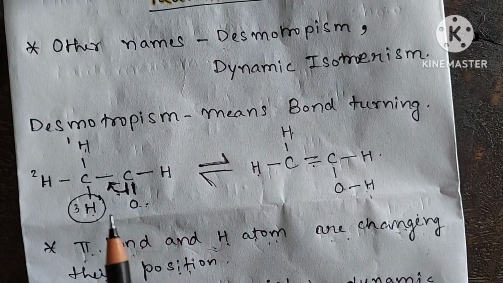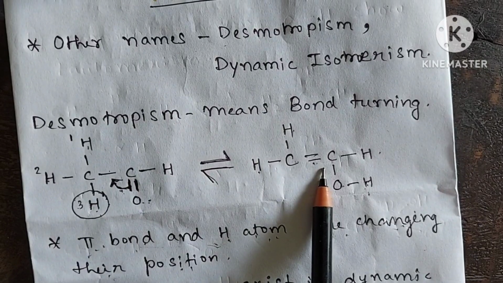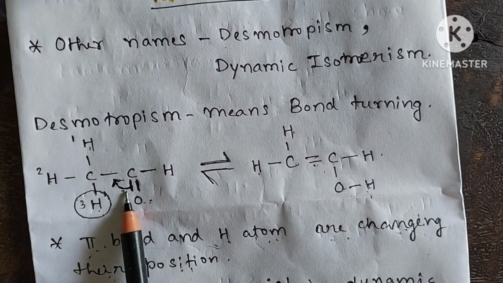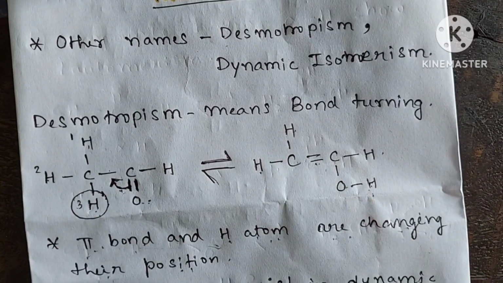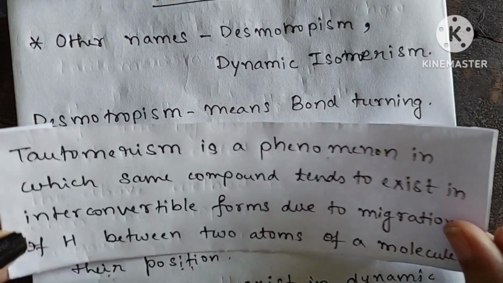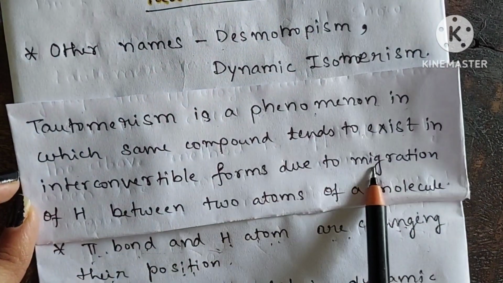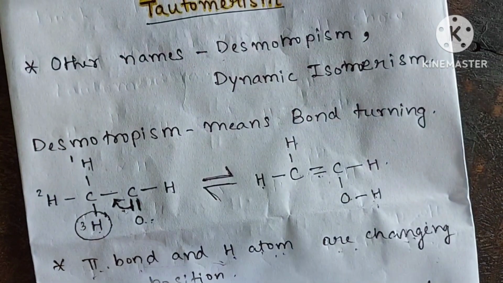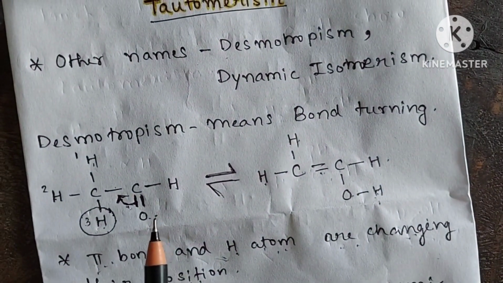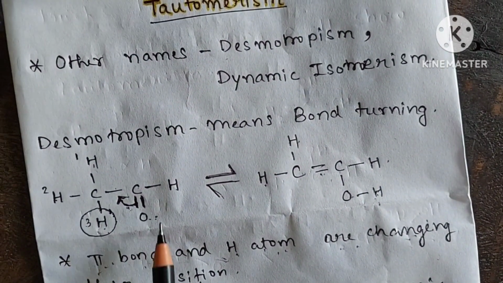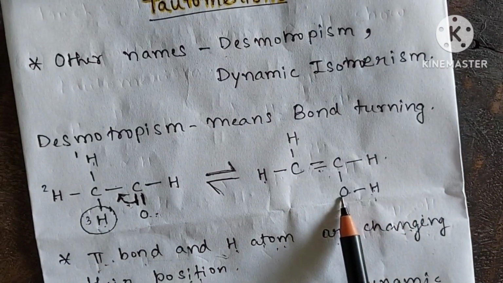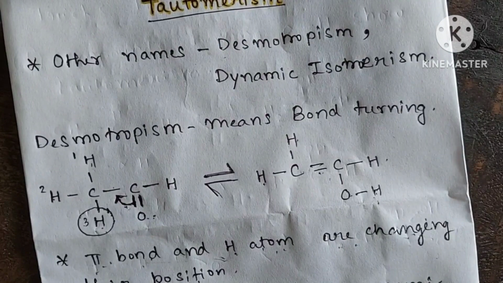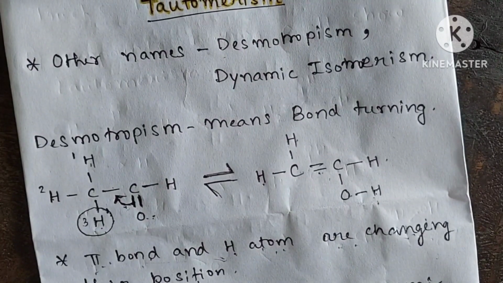See here, this and this compound both are the same, so they are existing in interconvertible forms, due to the migration of hydrogen between 2 atoms of a molecule. Here this hydrogen is coming here and making a bond with oxygen. Okay, so we have understood the definition.